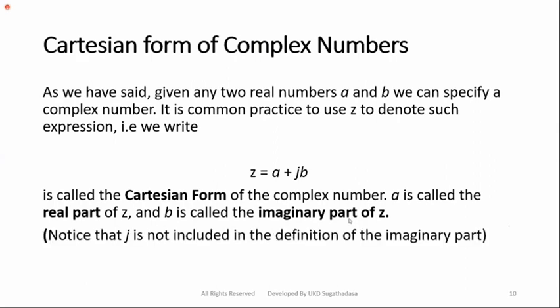Notice the important thing there: J is not included in the definition of the imaginary part. That is all. A is the real part, B is the imaginary part. Even though we call B imaginary, both A and B are real. We call it the imaginary part because it is associated with the J. That's the only difference.